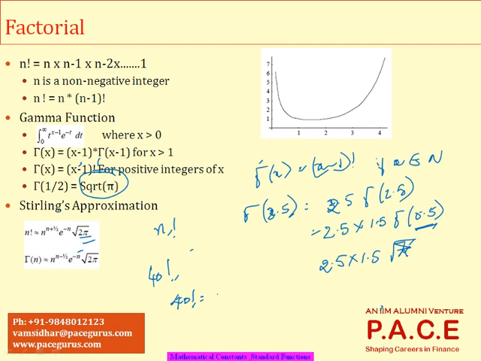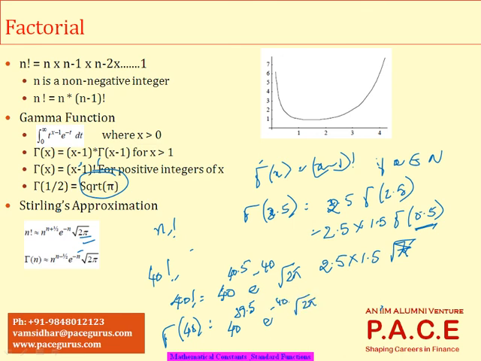So I can very well look at it like 40 factorial is nothing but 40 to the power of 40 plus half, which is 40.5, into e to the power of minus 40 into square root of 2 pi. That is what will come out as 40 factorial. And if the question is about gamma 40, it comes just simple like 40 to the power of 39.5 into e to the power of minus 40 into square root of 2 pi.